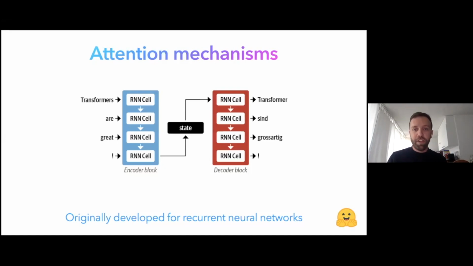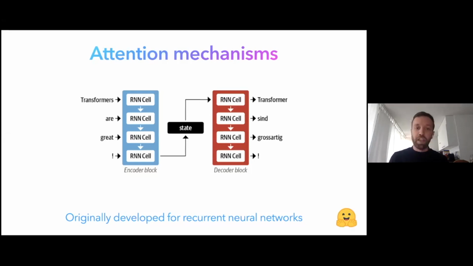You can see here how that works. On the left-hand side, you have an RNN cell, and it gets some input, for example, "transformers." It processes that information, and then it feeds some information to itself in the future when it has to process the word "are." Then that process continues. It creates, again, an output that it feeds to itself in the next step, when it needs to process the word "great," and so on.